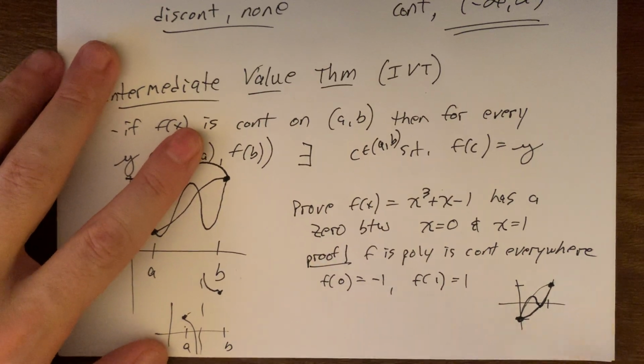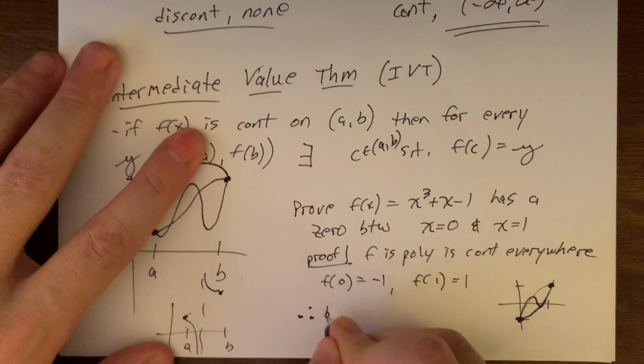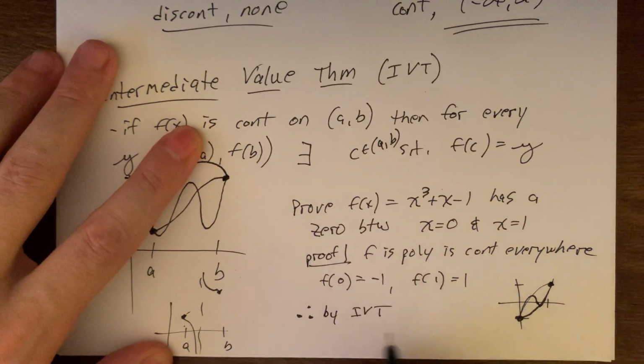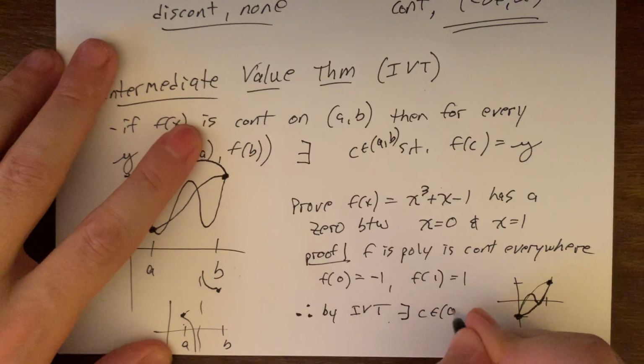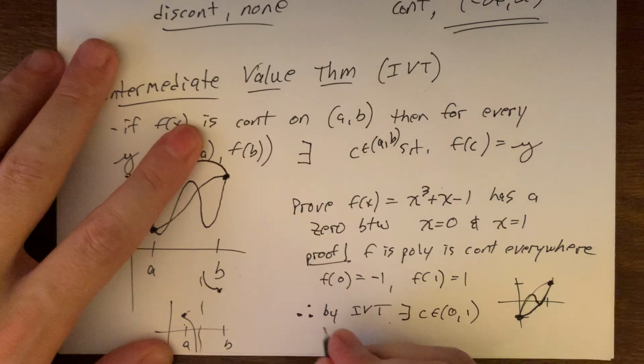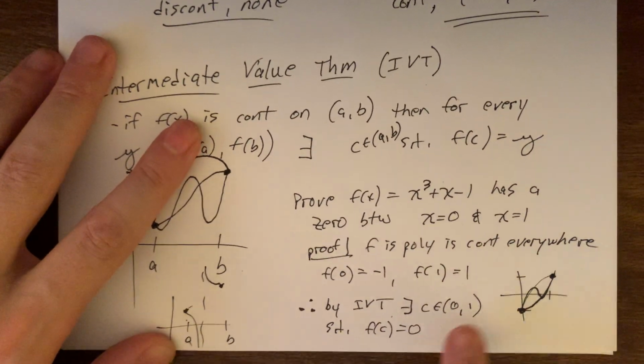And that seems weird, but we're done. We've completed the proof. Therefore, by the intermediate value theorem, there exists a c value between 0 and 1 such that f of c equals 0.